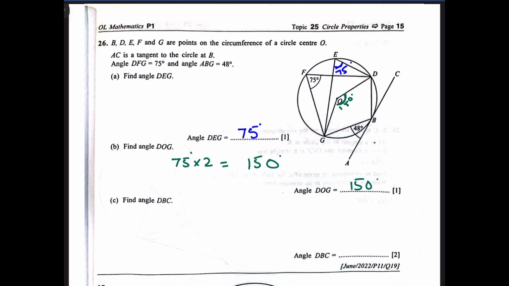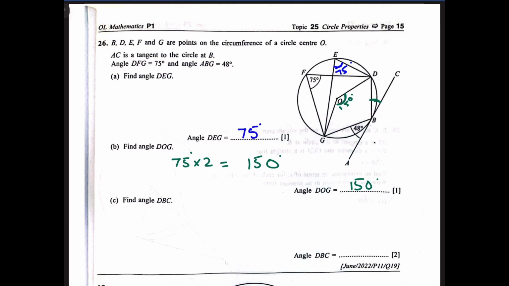Okay, so they want us to find this angle, DBC. Okay, so we know that angles on a straight line add up to 180. We know this is 48. If we can figure this out, we can very easily find the required angle, which is DBC.